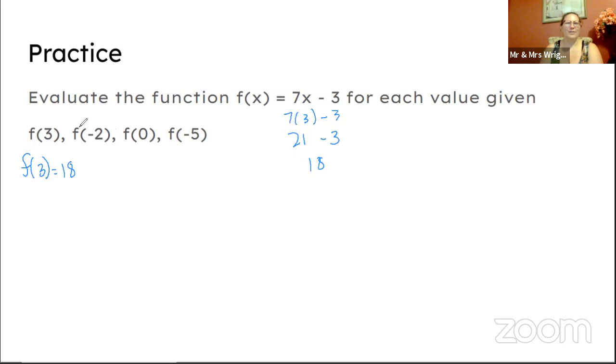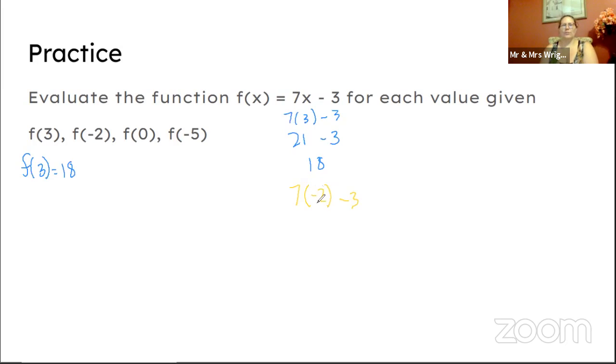All right, so let's plug in f of negative 2. So 7 times negative 2, I suggest always putting in parentheses here because then we can just plug this into our calculator. 7 times negative 2 minus 3. On your graphing calculator, sometimes there's a special plus or minus button for a positive or a negative symbol, or sometimes it's just a special negative symbol that you would be using instead of a minus sign.